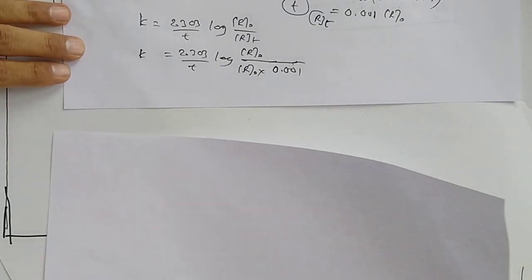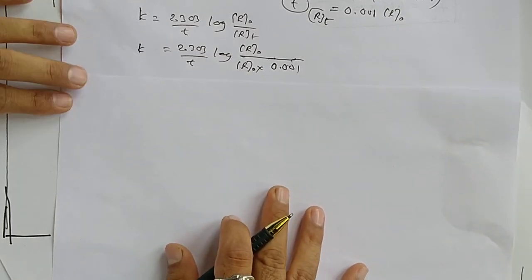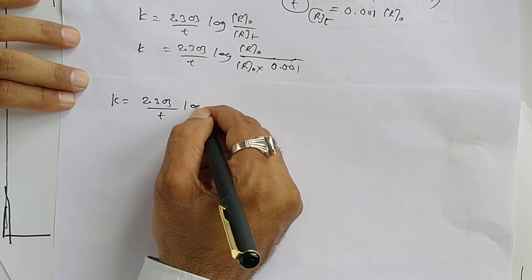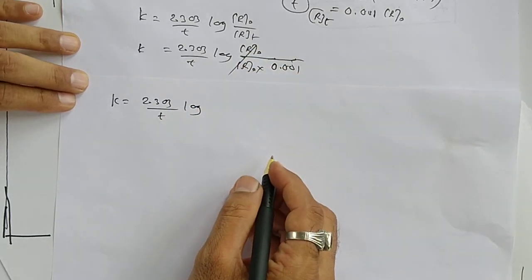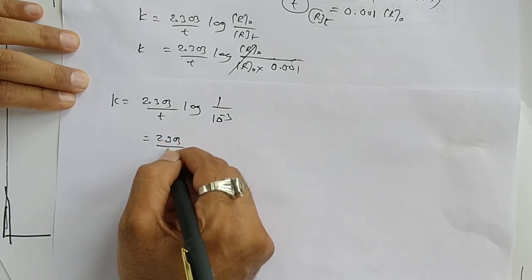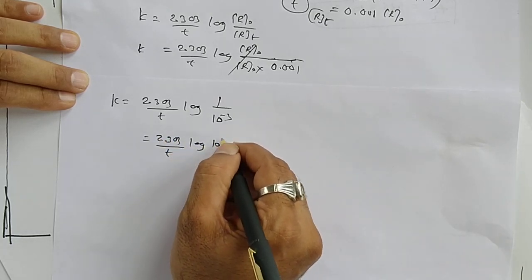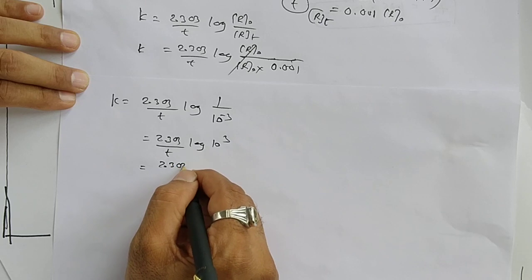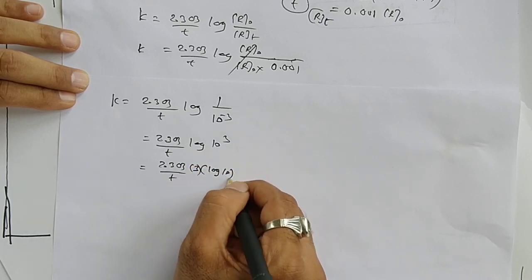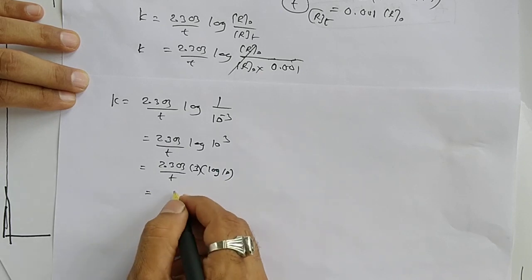So now R0 cut, so 1 upon 10^-3 comes up as plus 3. 3 comes here, log 10 value is 1.